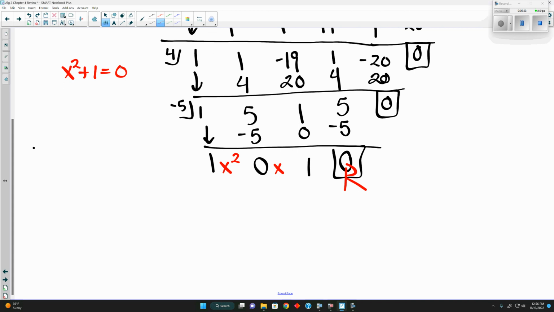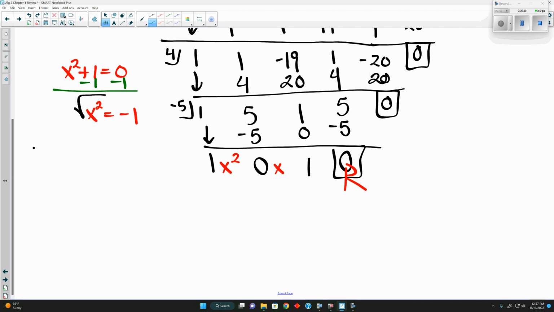Now this is kind of nice because we don't have a middle term. We can use the square root method. So we can subtract 1 from both sides, telling us x squared is equal to -1.